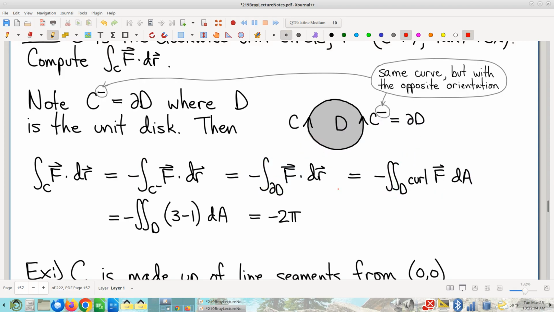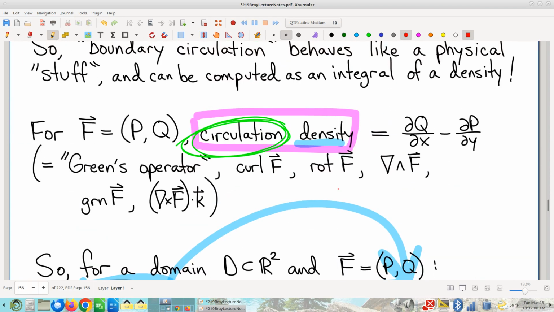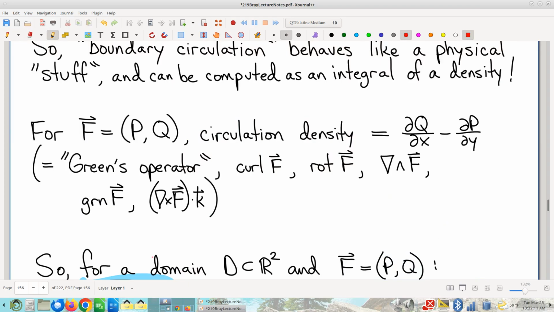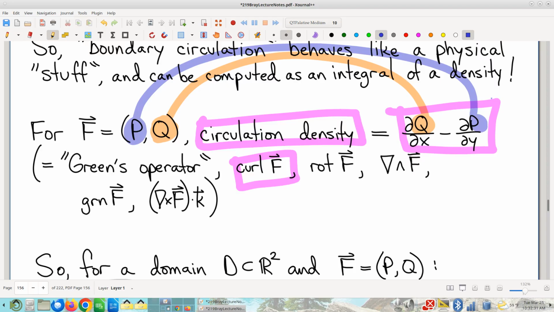Okay, so how do I compute curl? Well, we have a formula for it. Going back to here. Curl, aka circulation density, is computed by this formula. And notice I'm going to take the second coordinate of my vector field, take its x partial, and then I'm going to take the first coordinate of my vector field and subtract its y partial.